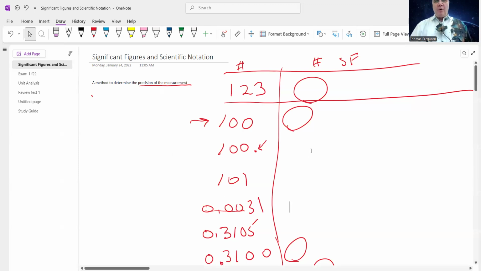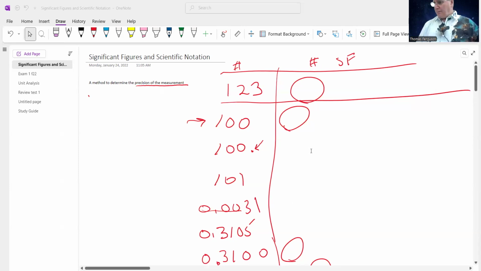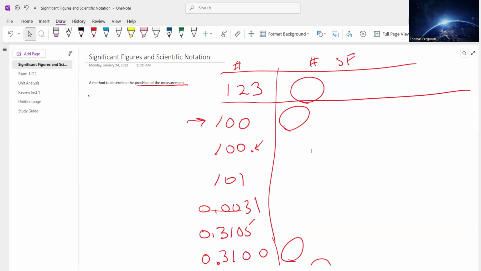We're going to create a rule right now. Okay, so the number 123. Who's had sig figs before, like in high school or something? All right, quite a few. That's good. By the way, my assumption is you've had none of this stuff. I'm starting from absolute scratch.